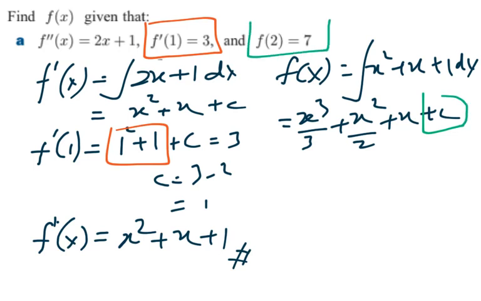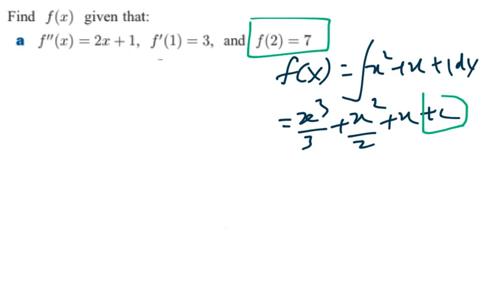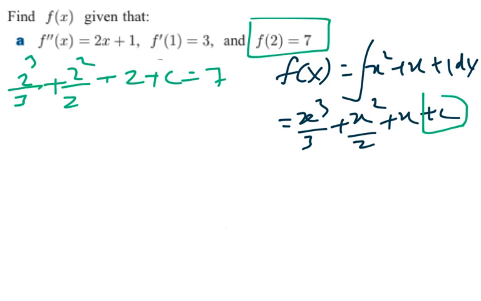So this is the information which will help you with this. So let's substitute 2 in the equation. So you get 2 to the power of 3 over 3 plus 2 to the power of 2 over 2 plus 2 plus c equivalent to 7. Bring all these values to the other side so that you can find c.